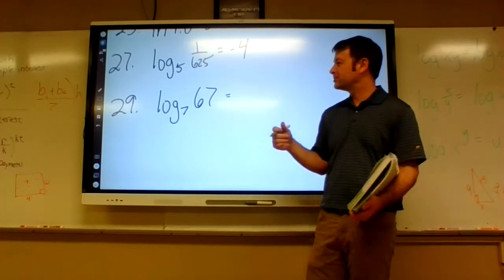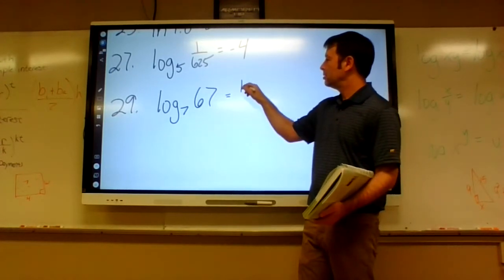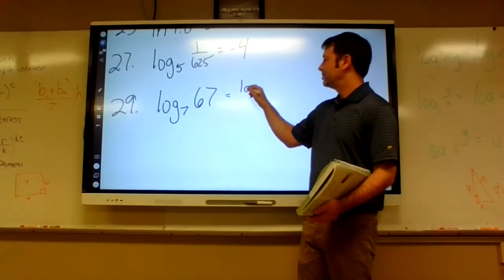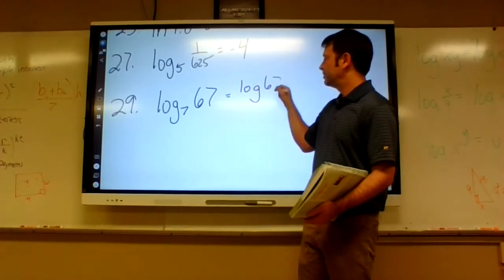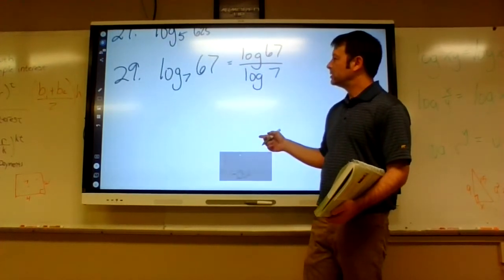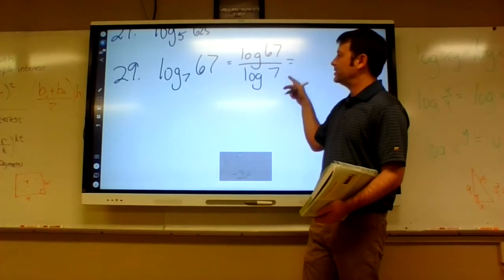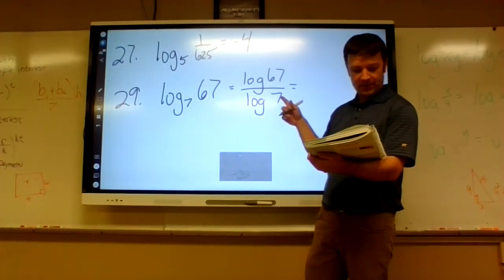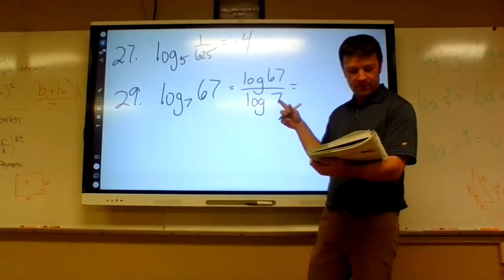Log base 7 of 67, or what else? Or, log 67 over log 7. Alright, you guys actually need to do that, by the way. What does it come out to? 2.1608.